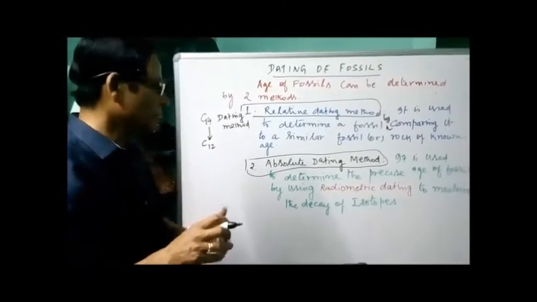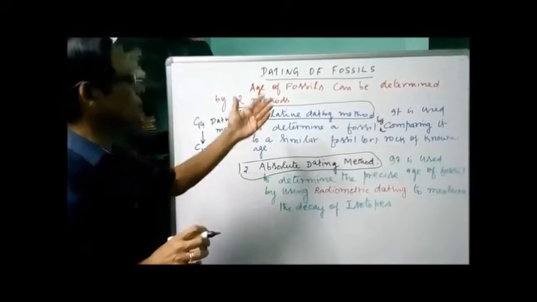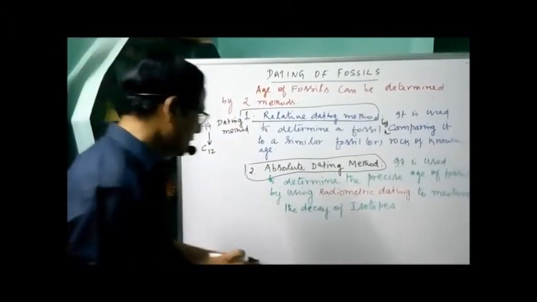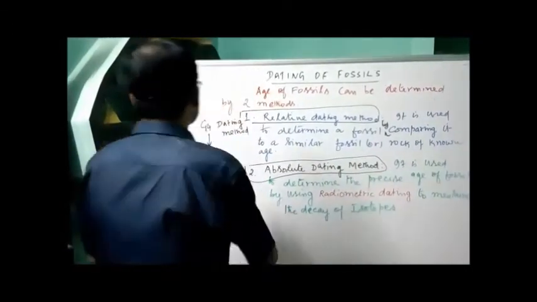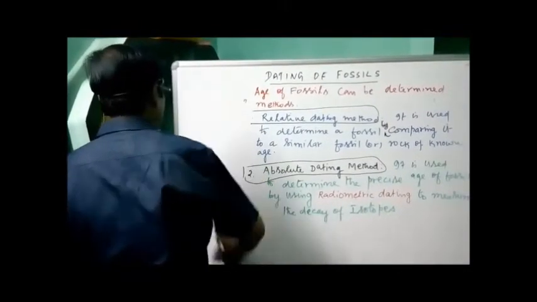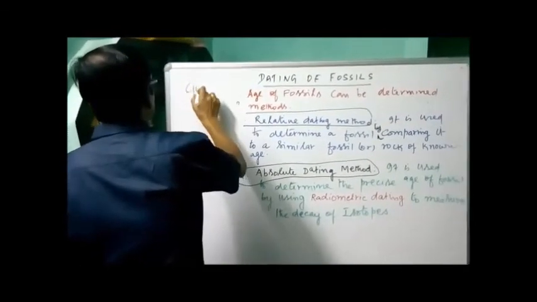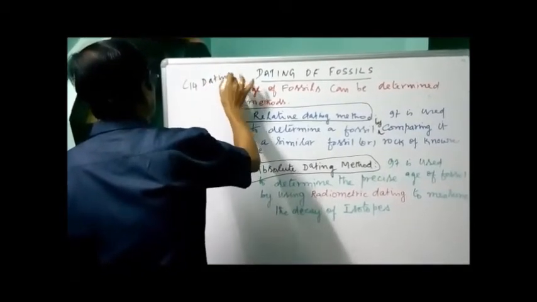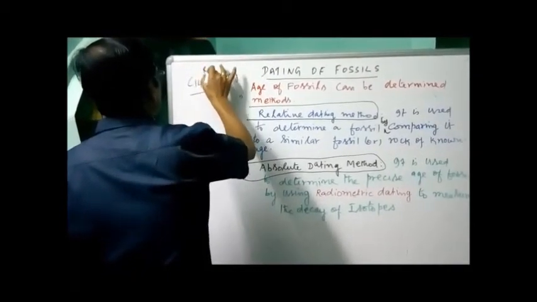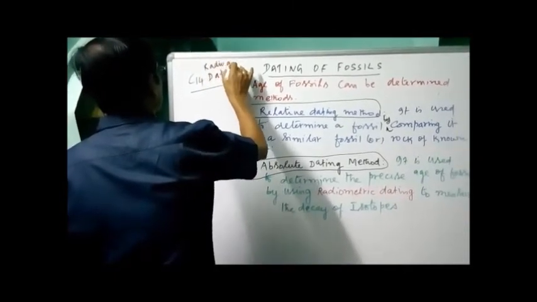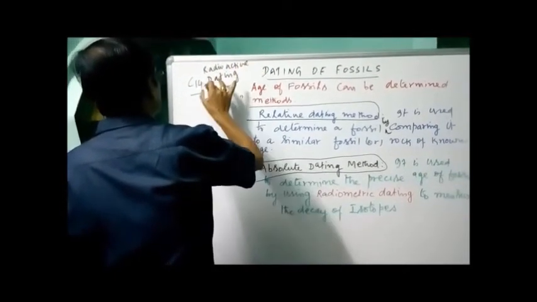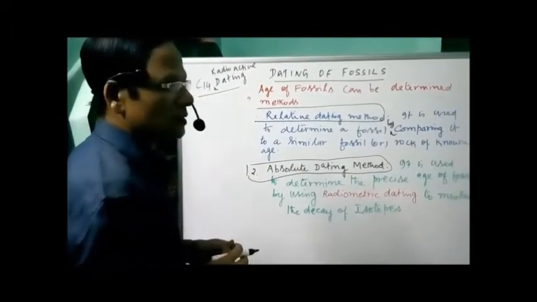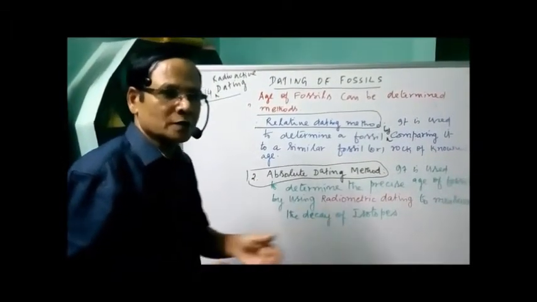That half-life period can be used to measure the age of the fossils. We have different methods. One is the carbon-14 method, carbon-14 dating, or we can say carbon-14 radioactive dating. So this is the best method to calculate the age of the recent fossils.